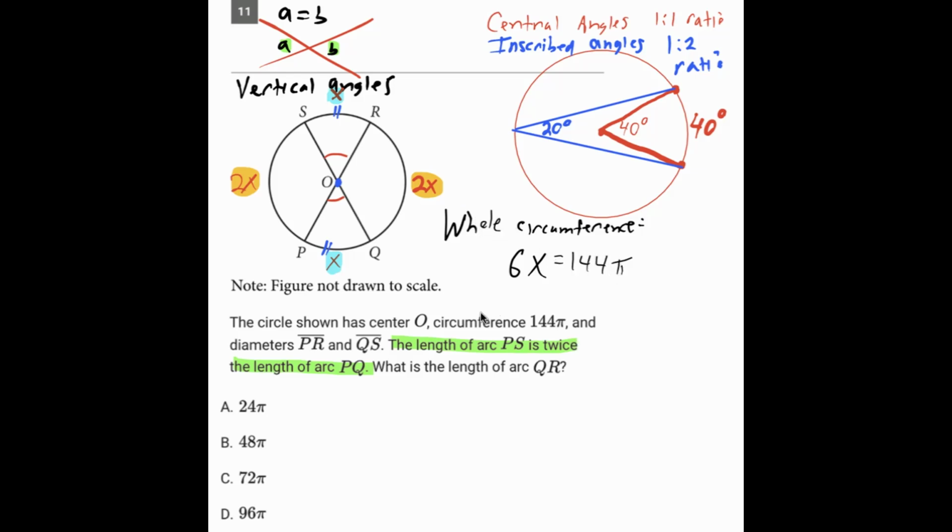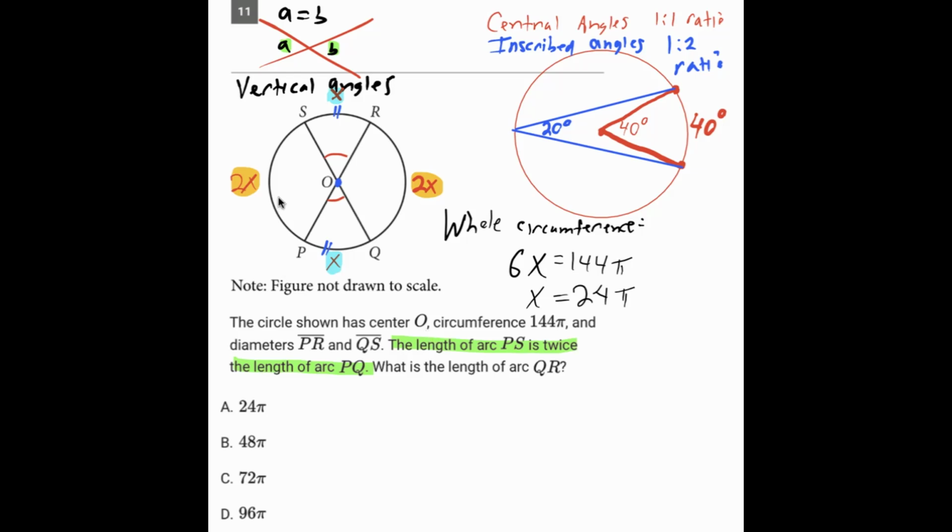So 6x is 144 pi. Therefore, dividing by 6 on both sides, x would be 24 pi. So if they asked us what's the length of PQ or SR, those are each 24 pi, because they're each 1x, and we just figured out what x was.